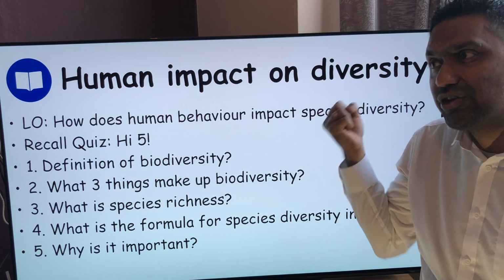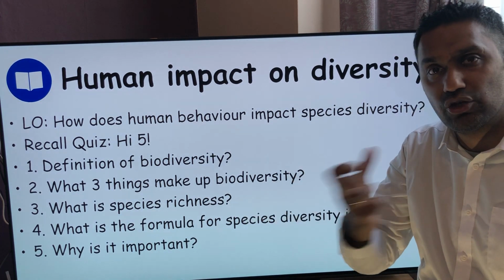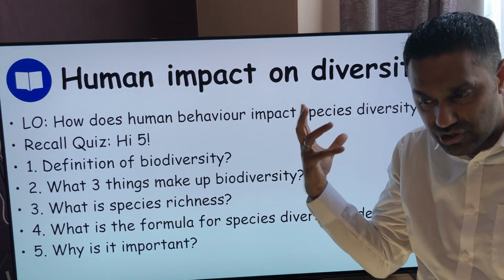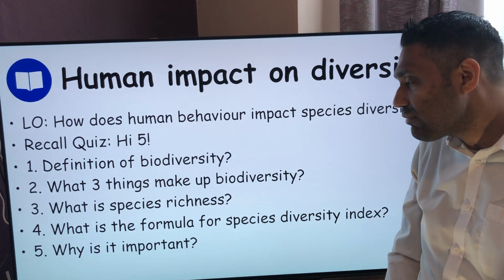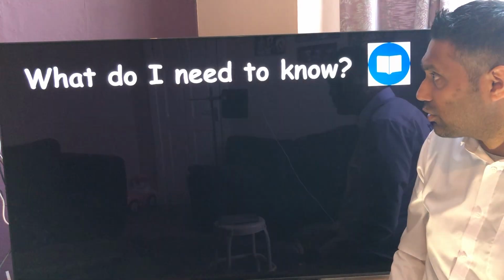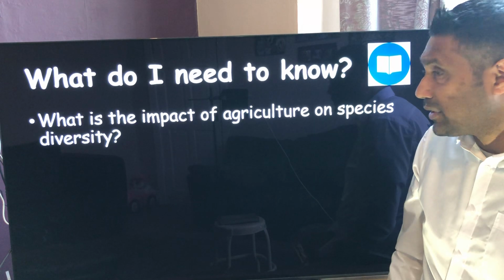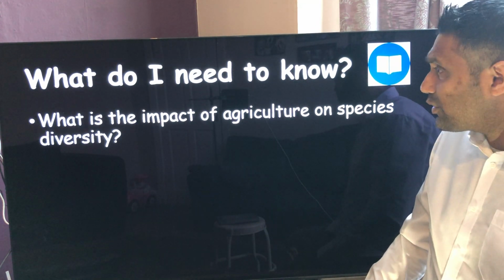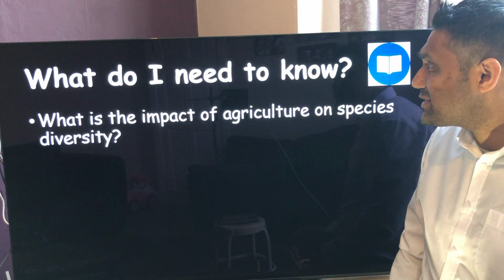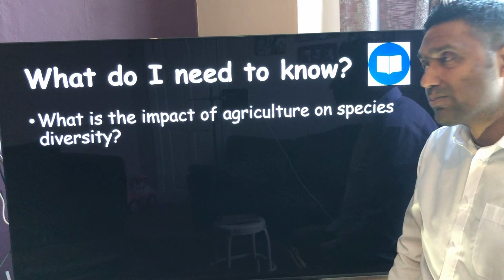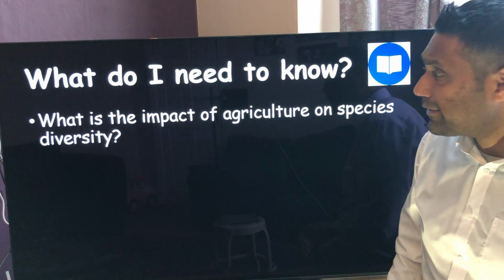If it doesn't, you get desertification, things die, you get collapsing ecosystems because food webs just collapse, okay? And then we'll have no food, and we'll have no animals or plants to look at. So, therefore, maybe no medicines and other natural resources. So what we're focusing on today then is the impact of agriculture on species diversity. When I'm talking about agriculture, I'm talking about farming.